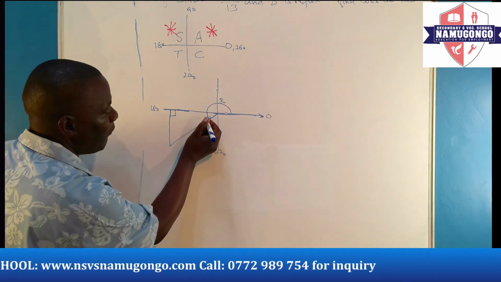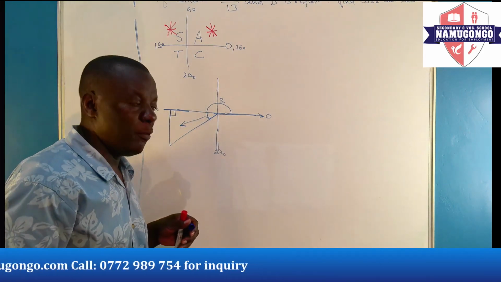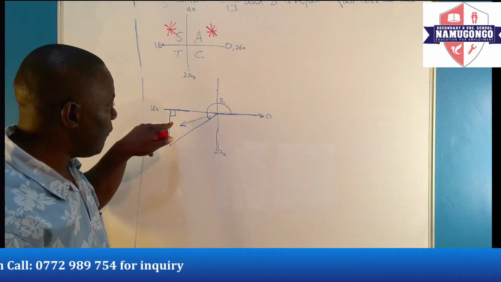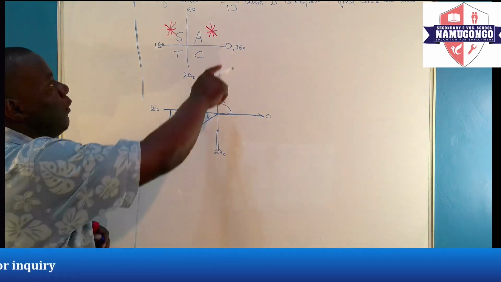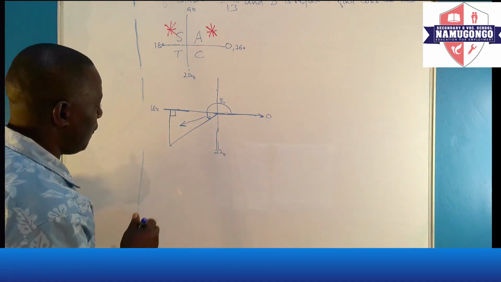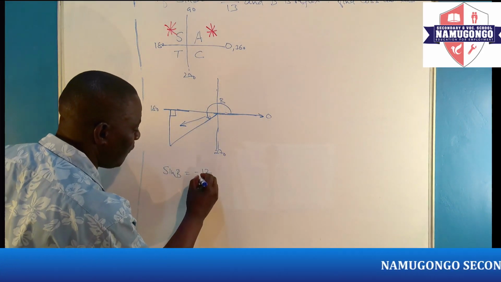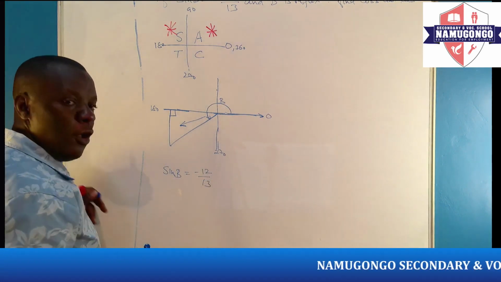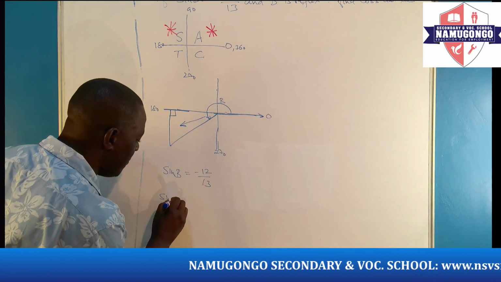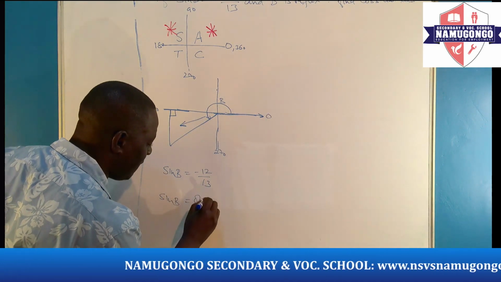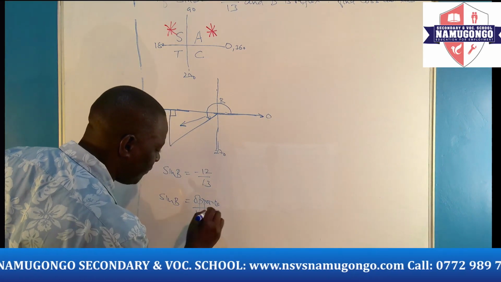Now, you come and put your arrow because you want to identify the opposite. This side where the arrow faces is the opposite. Now, you come to the ratio. You say sine B is negative 12 out of 13. You remember SOH. So you say sine B is opposite out of the hypotenuse.